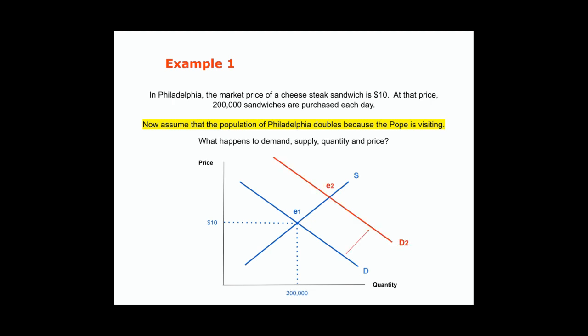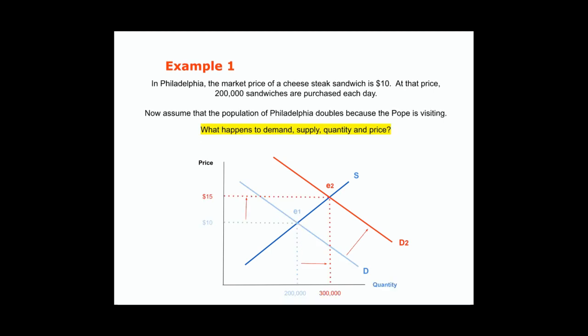When the population increases, that's one of the factors that increases demand. So demand will move from D to D2, and we'll have a new equilibrium point, E2. We can easily see the new equilibrium point where the new demand curve D2 intersects the existing supply curve. We'll stop and note for a second: the supply curve hasn't changed. The supply curve is the same.